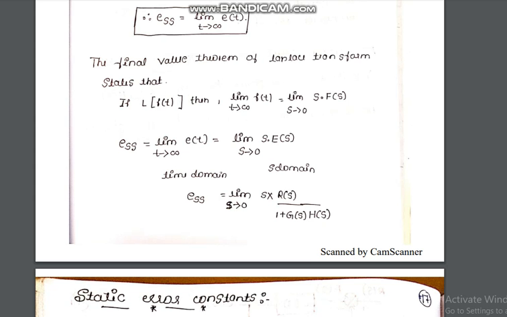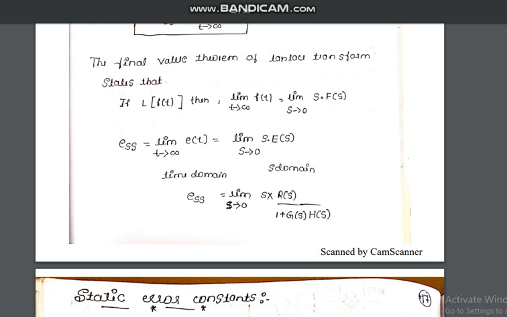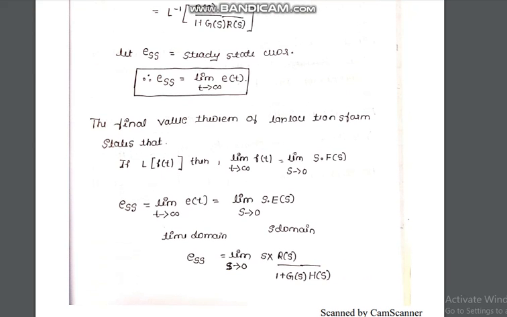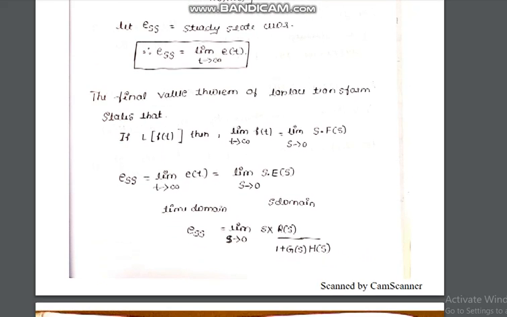So the error signal ESS is equal to the limit s tends to 0 of s into E(s). E(s) we derived, that is R(s) divided by 1 plus G(s) into H(s). So finally, the steady state error ESS is equal to the limit s tends to 0 of s into E(s), or s into R(s) divided by 1 plus G(s) into H(s).